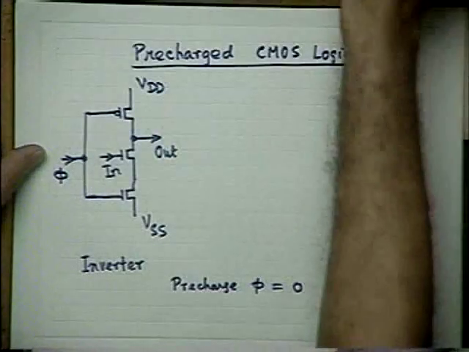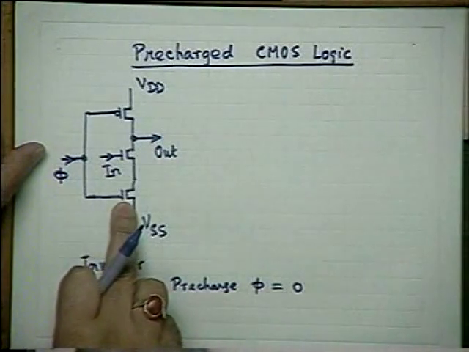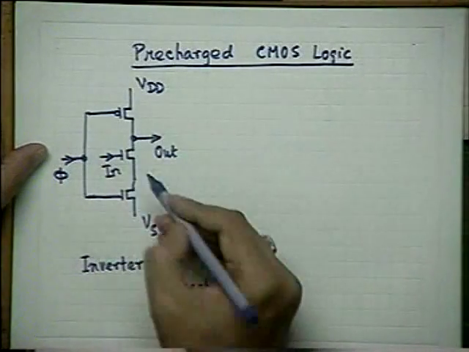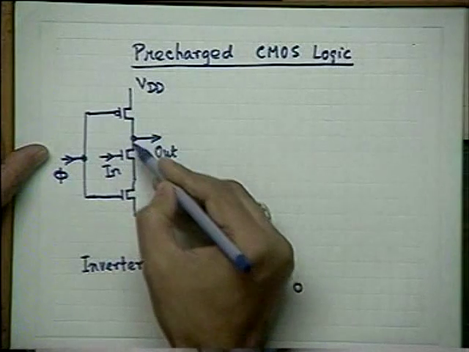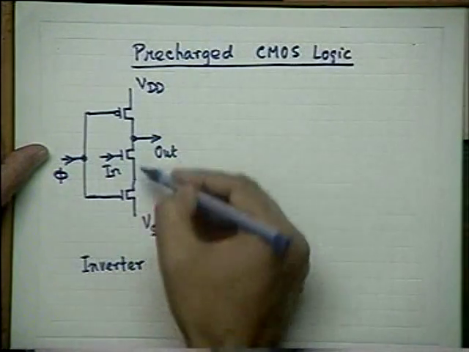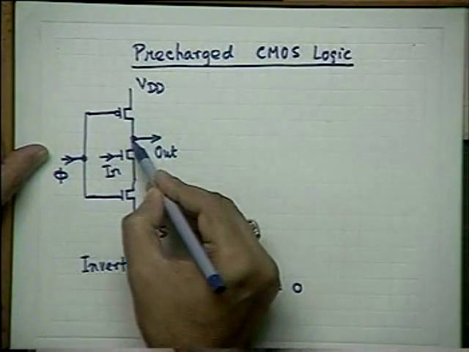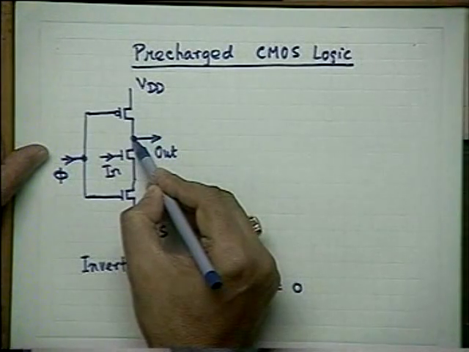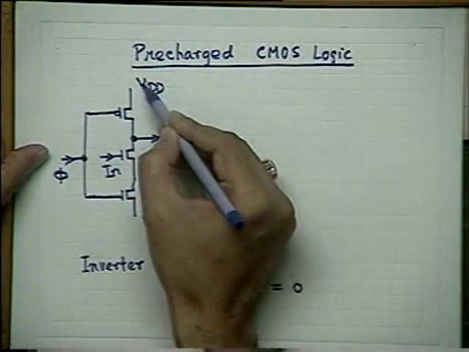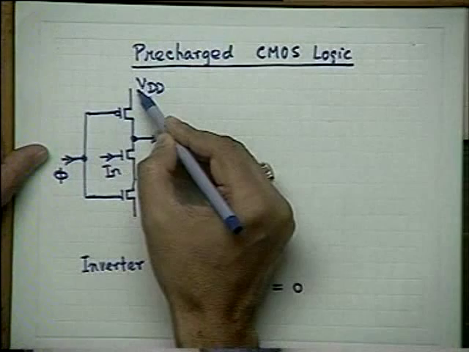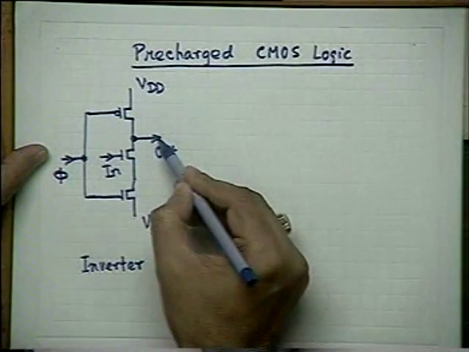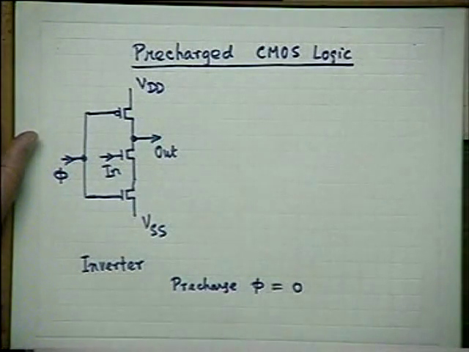Same phi. So when phi is 0, this transistor is off, this transistor is on, and as a result, this chain is off. From here to ground or VSS, this chain is off. So this point is floating now, and it is getting charged through this transistor which is on to VDD. So the output node is charged to VDD.